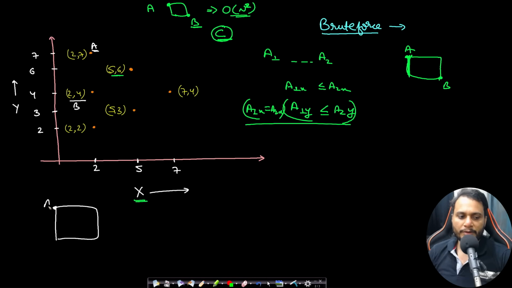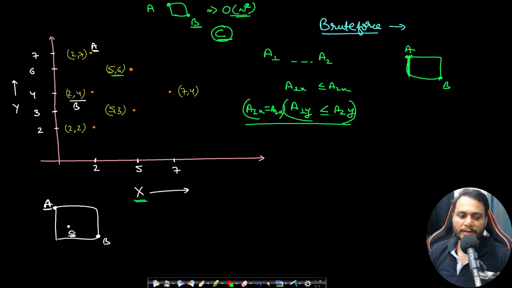If you have a point here and a b point here, I just need to check if there is a point c inside it. Since you are moving on the sorted order, and if you have assumed a, the c must have happened after a. That is the first condition.